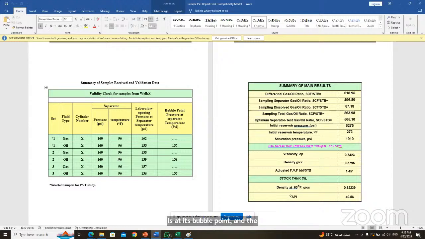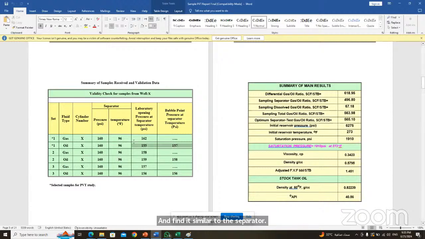Basically, if you make any change in the condition, so if you decrease the pressure of the separator by 1 psi, some additional gas will be liberated. So if our assumption is correct, you should measure the bubble point of the liquid in the separator and find it similar to the separator pressure.